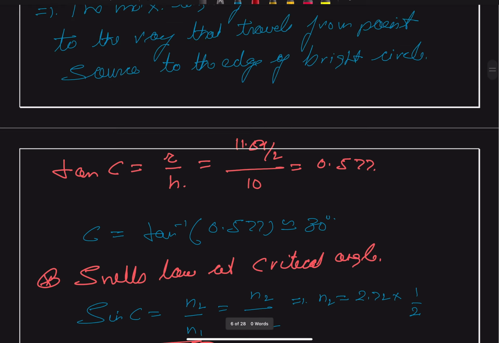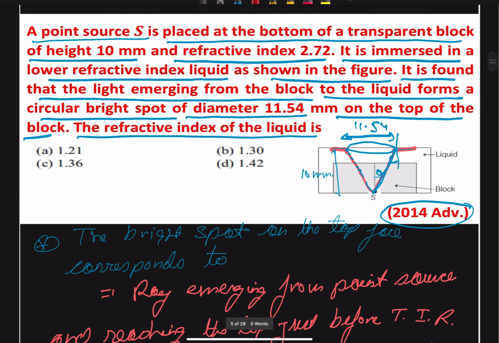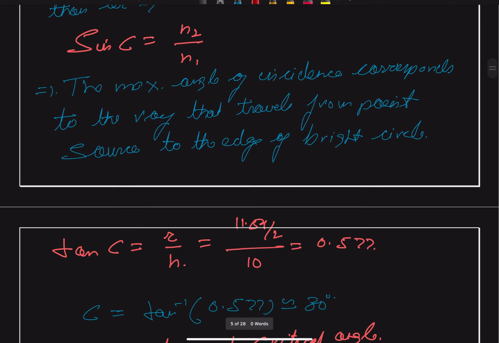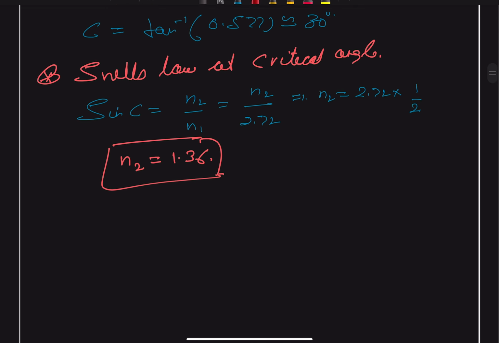So the option 1.36, option number C, is the correct one. Option C is correct.